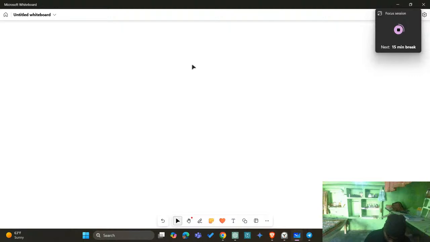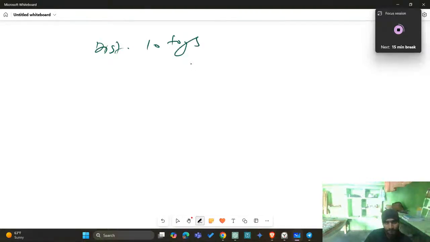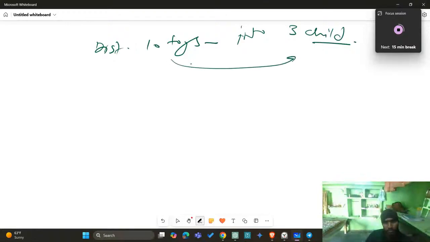So let's say we have some toys. Distribute toys, all distinct, to three children. The children are also distinct. So distinct to distinct is ordered distribution, and we can specify it also.